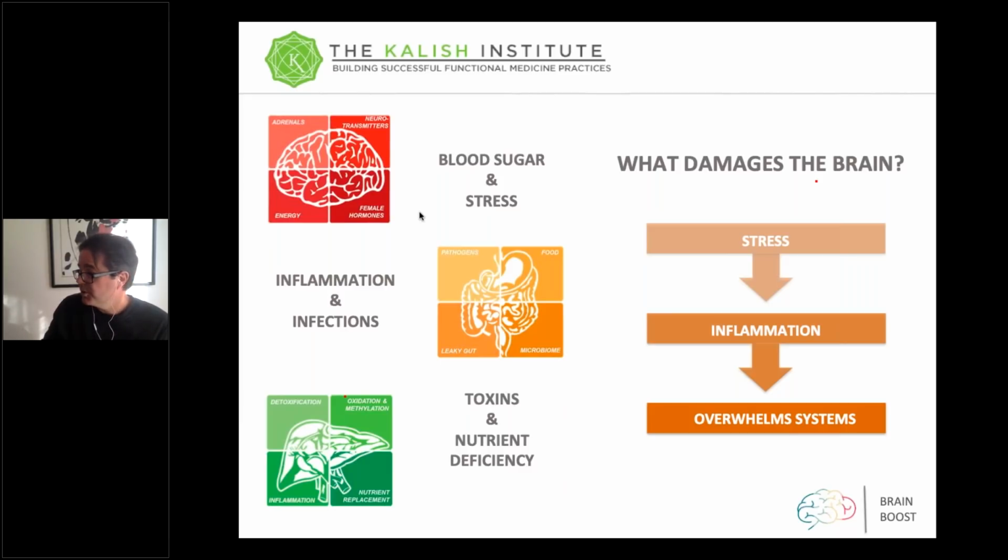There is nothing worse in the world than, well, I mean, there are worse things in the world, but it's extremely frustrating to work with a patient for 6 months or something, working on their adrenal health, trying to restore proper function there. And maybe they're just not getting as better as I would expect.